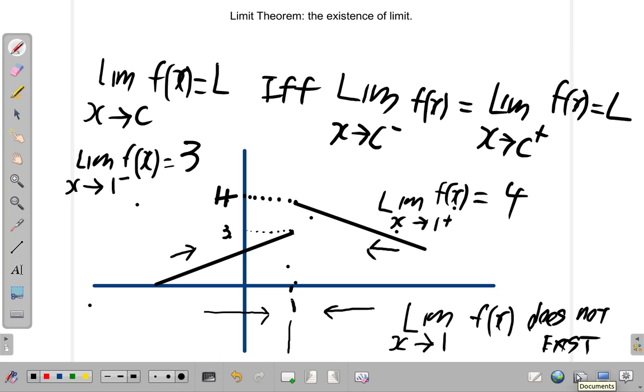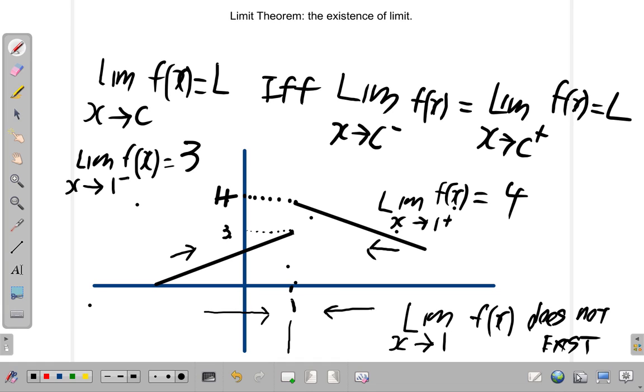Alright? That limit does not exist. And when we look at this situation, there is a sudden jump and a break at x equal 1. From the left it is 3, from the right it is 4. So the graph is not continuous. There's a discontinuity or a break in it.